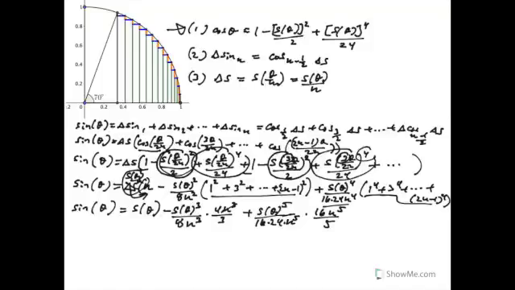Now, the n cubes cancel out, and the 4 cancels out with the 8, so that gets us what we had before. This 3 gets together with that too, so I get s theta, I'll put that in brackets, cubed over 6.